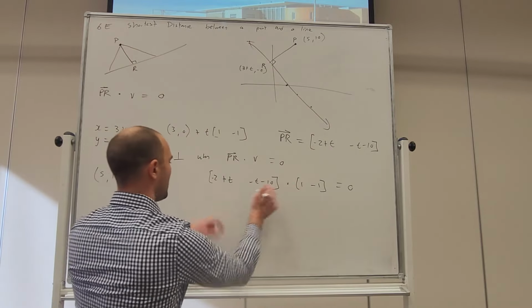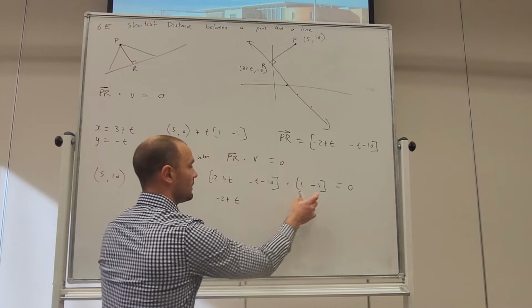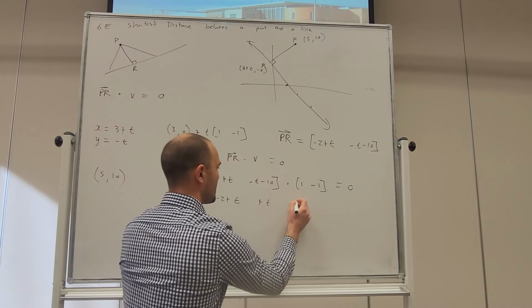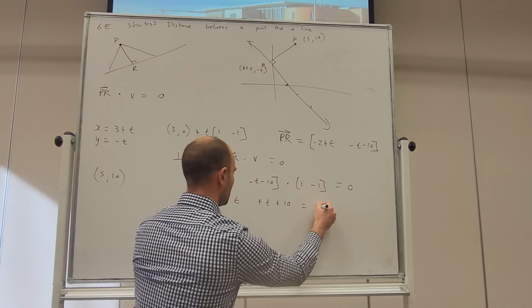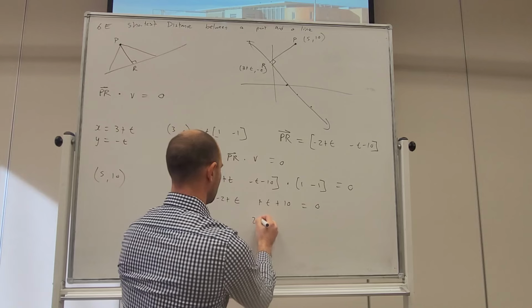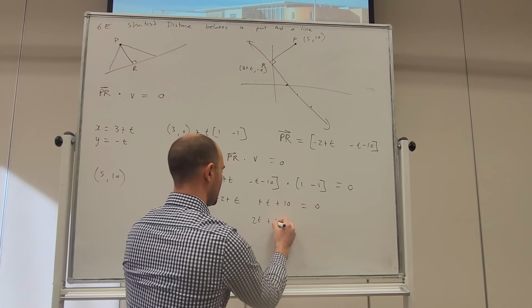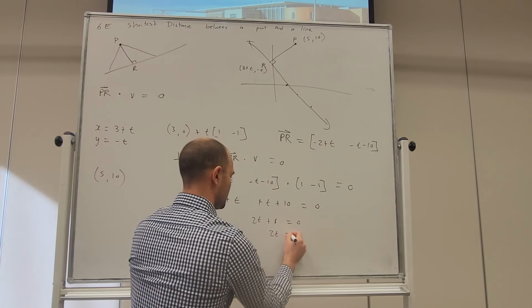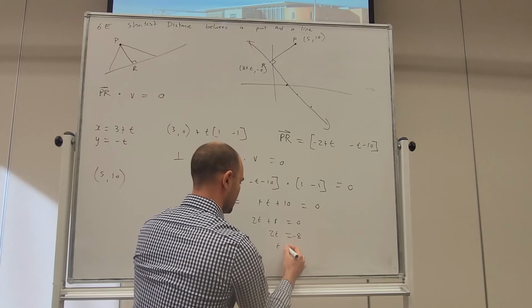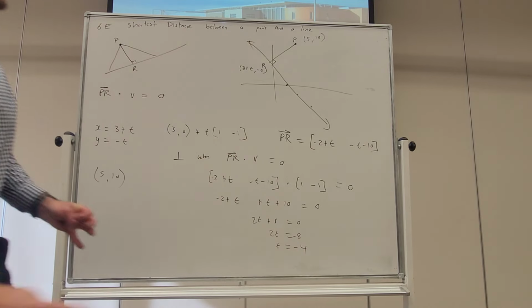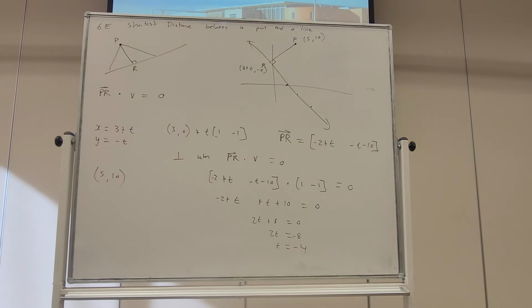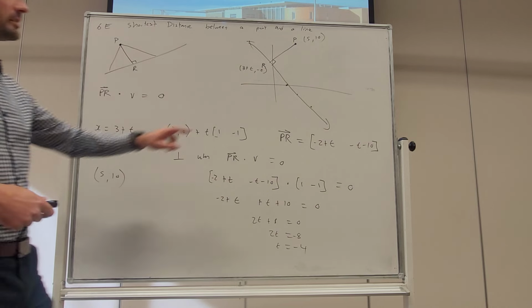So what are we going to have? Minus 2 plus t, and then plus t plus 10. So we'll have 2t plus 8 equals 0. 2t is minus 8, t is minus 4.